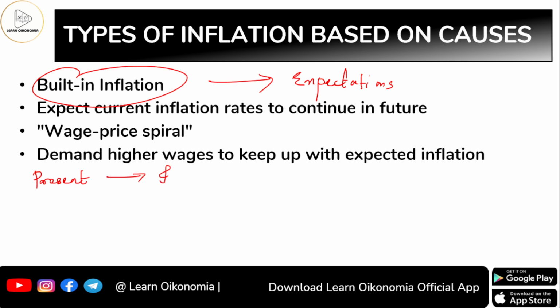So in the present scenario, there is inflation. Already there is inflation. Again, if you look at past, in the past also there was some rate of inflation. In the present, the rate of inflation was increasing much more. So what will be your expectation for future? So in the future also you might be thinking about inflation. So you expect more inflation in the future.